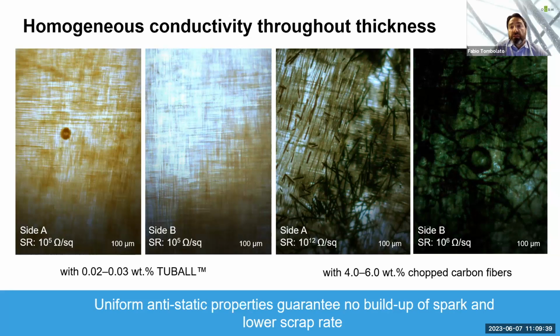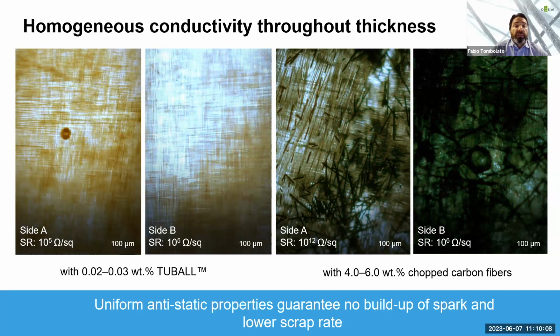On the right, you see the picture taken at microscope of a thermoset material enriched with a dosage between 4 and 6% of chopped carbon fiber. As you can see, they are not evenly distributed on both sides of the composite material. The net effect is a different level of surface resistivity from one side to the other, and a negative effect on the conductivity through thickness.